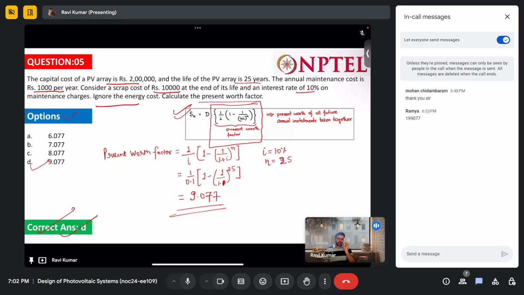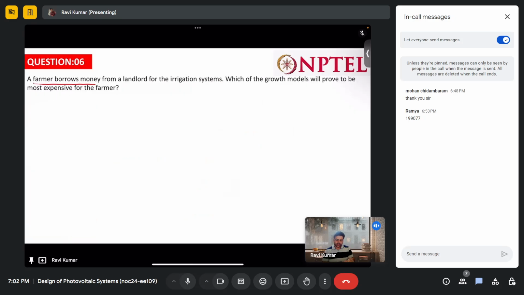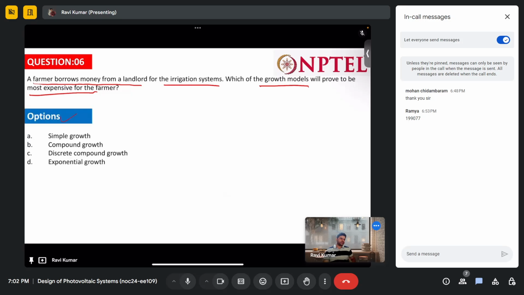Simplest question, do not require any formula, just think about it. If a farmer borrows money from a landlord for the irrigation system, which of the growth models will prove to be most expensive for the farmer? And these are the options: A, B, C, or D. Exponential.